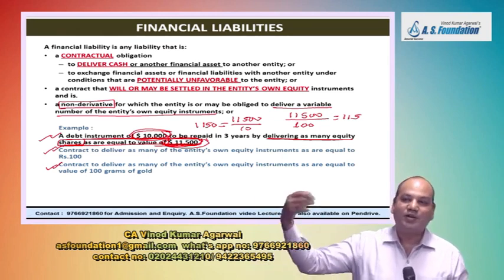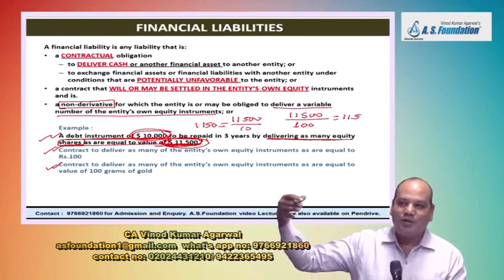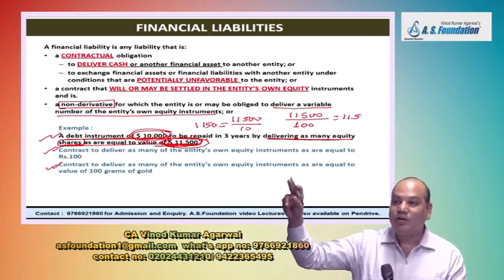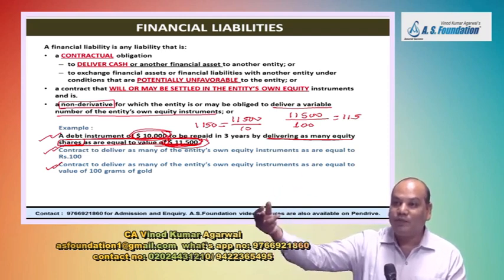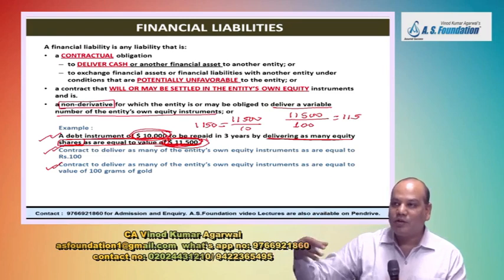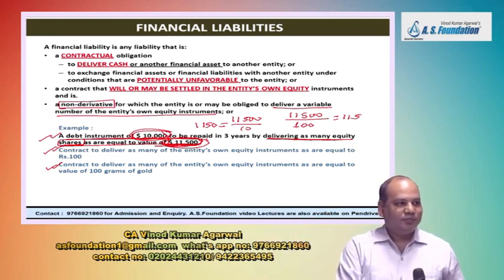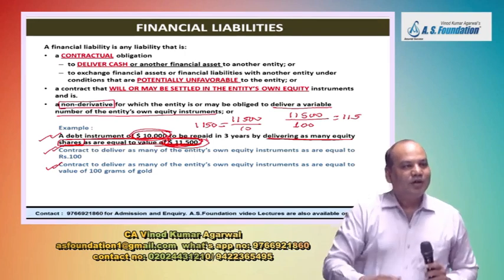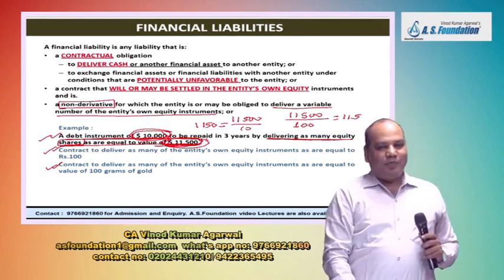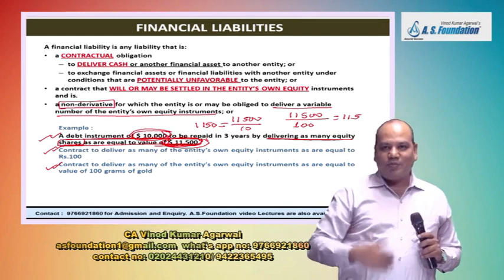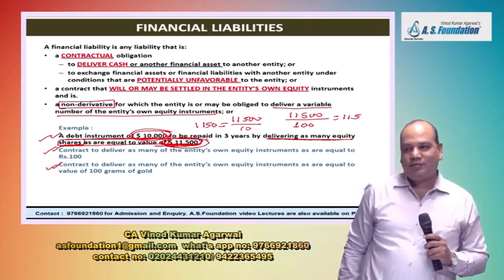If the market price is $10,000, you'll get shares worth $1 lakh. So you are getting like an equity, you are getting the benefit or you are exposed to the risk. Here the counterparty is not exposed to the risk. He is getting something worth 11,500 only. If the price is less, he gets more shares. If the price is more, he gets fewer shares.